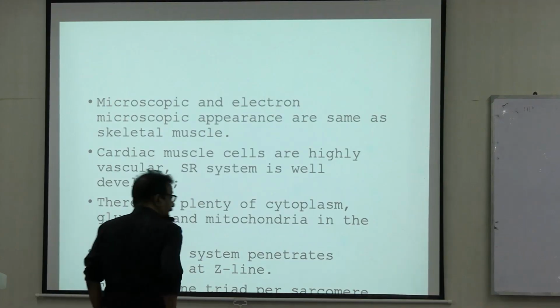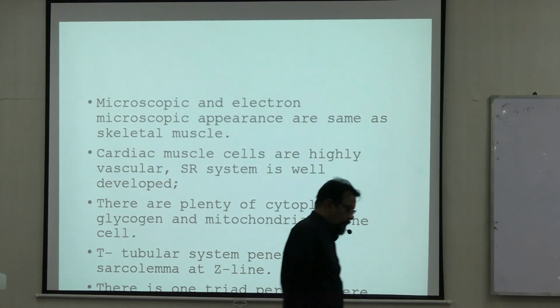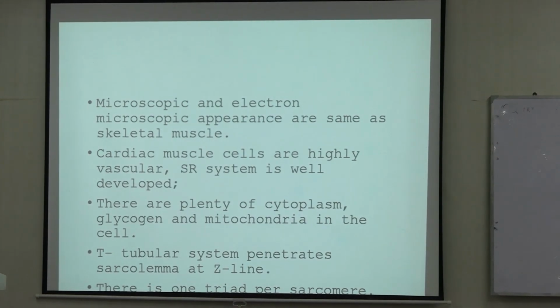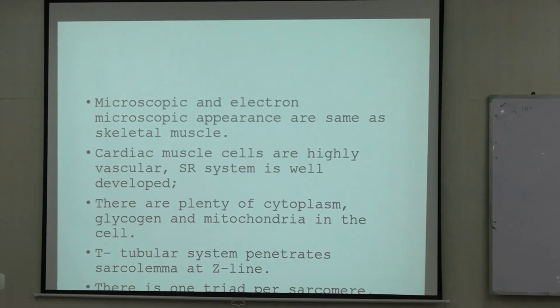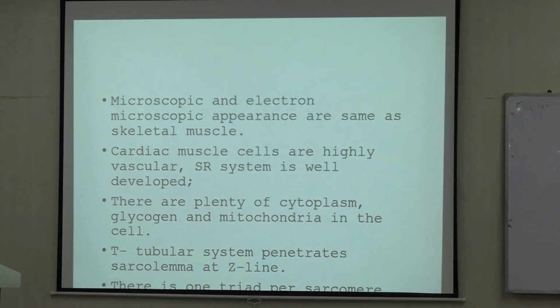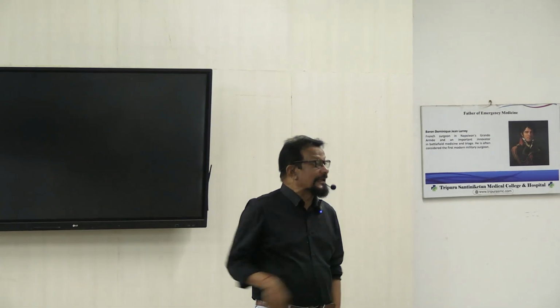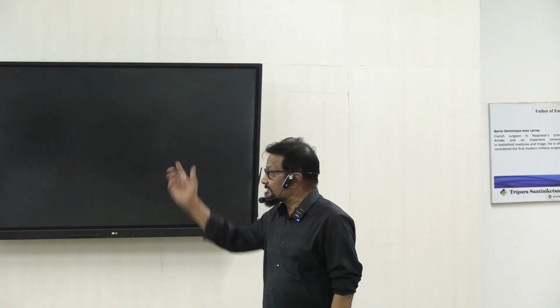These are some properties, and another difference is in the microscopic and electron microscopic structure. The structure of cardiac muscle is almost the same as that of skeletal muscle. The cardiac muscle cells are highly vascular, as I said.